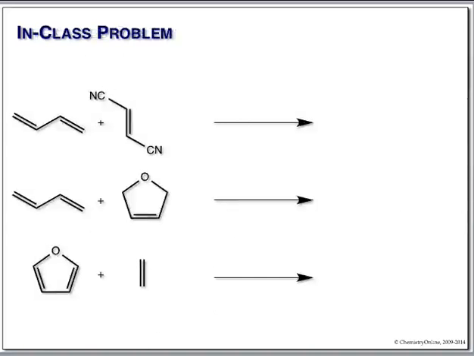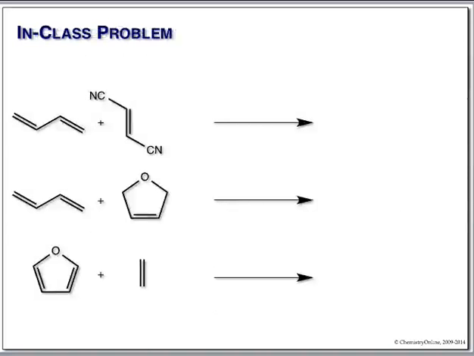All right, 4+2 cycloadditions. We know we're going to react a diene and a dienophile. We know that this is going to give us a 6-membered ring, right? 4 plus 2.